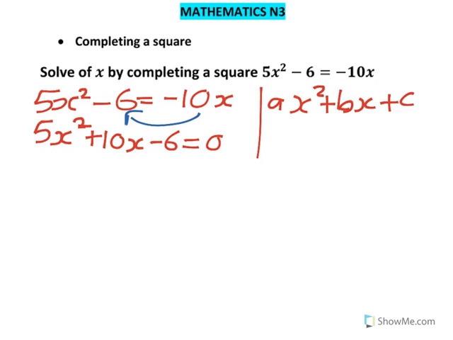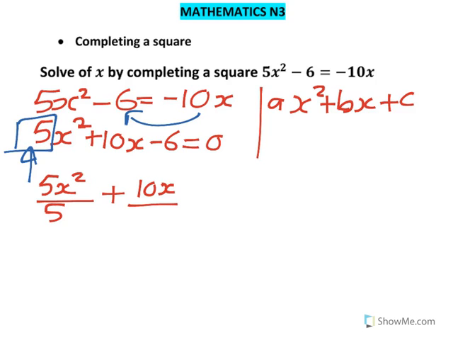Now something that you're noticing is, before you complete a square, we have a problem there. That must not be a 5, but it must be a 1. So what do you do? You divide everything by 5: 5x squared over 5 plus 10x over 5 minus 6 over 5 is equal to 0.